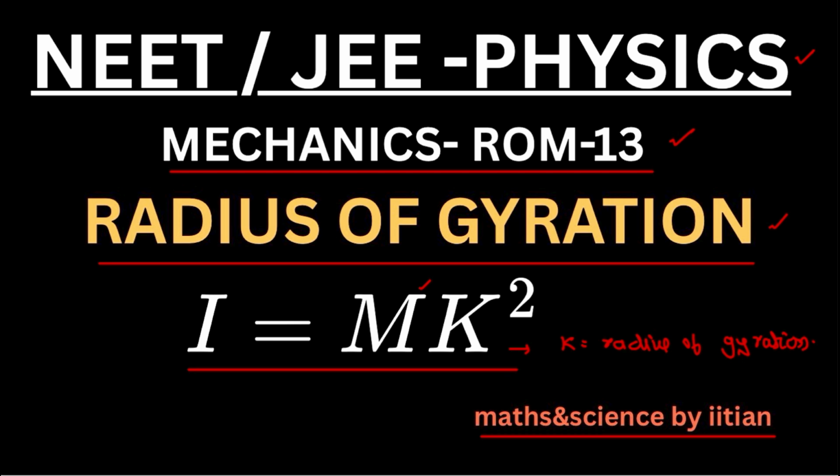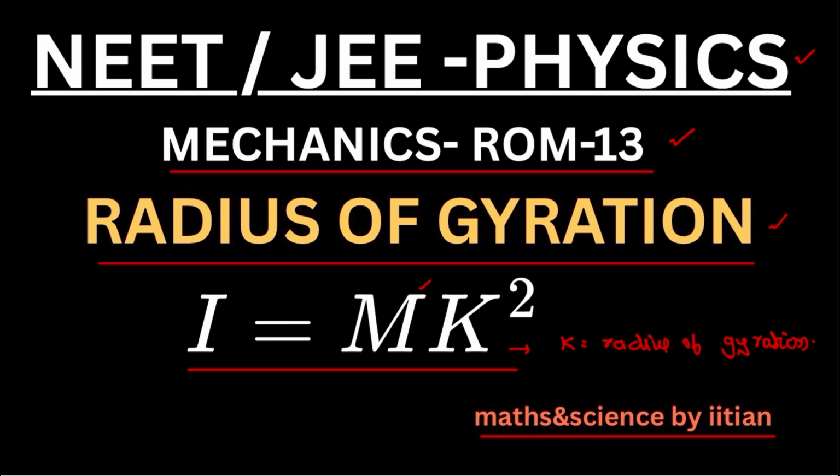When you know the radius of gyration of a rigid body, then squaring it and multiplying with the mass of the rigid body, we will get the moment of inertia. This has a lot of engineering applications, physical applications, even in medicine.